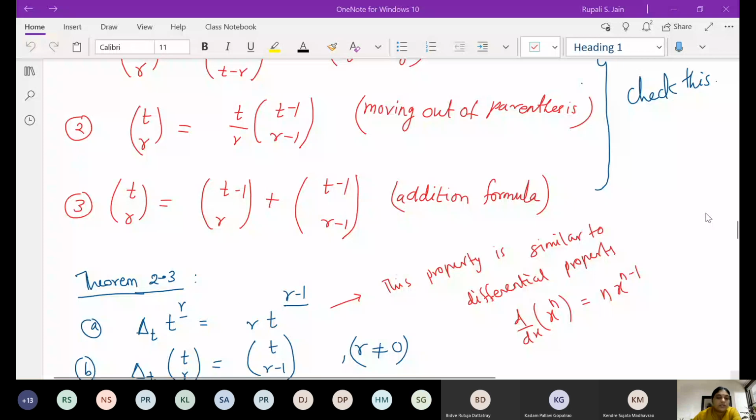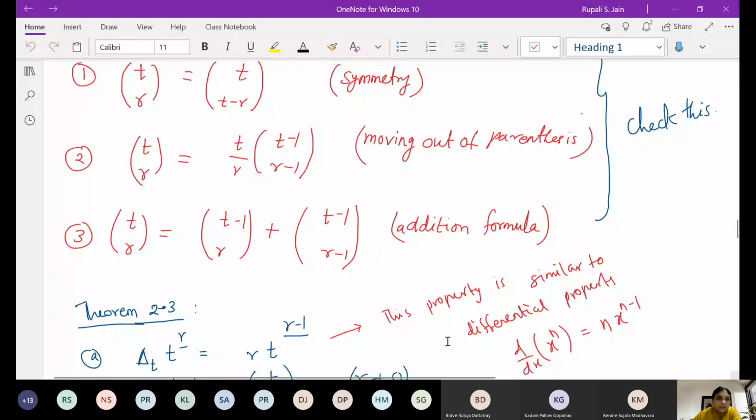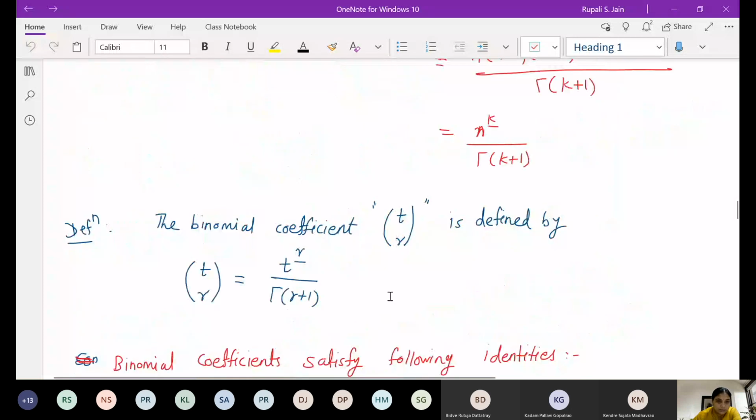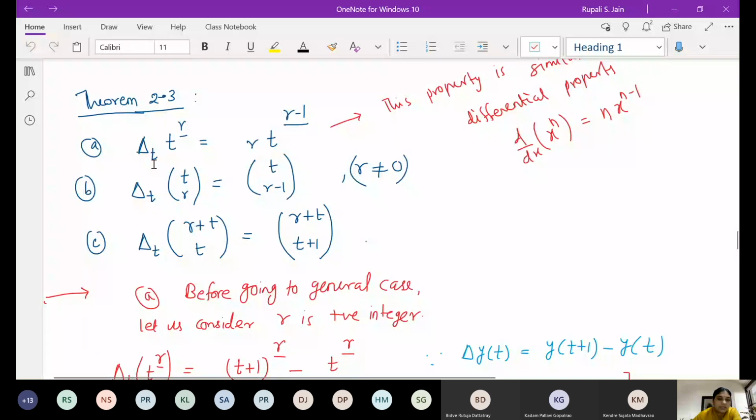Okay, so we will start now. Yesterday we saw the falling factorial power definition. Then we saw the relation between binomial coefficient and falling factorial power. Then we proved some properties of the falling factorial power. So delta of t to the r falling is nothing but r t to the r minus 1 falling.